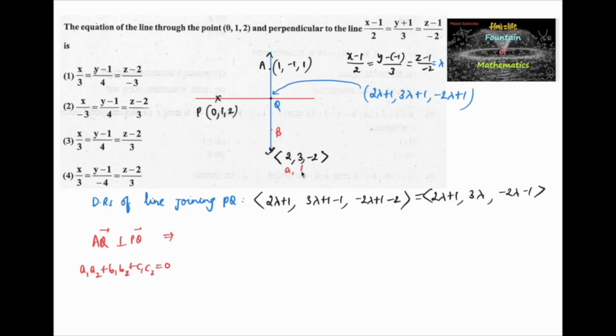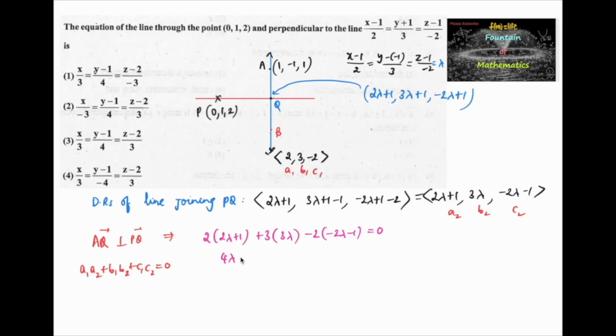Say this is A1, B1, C1 and this is A2, B2, C2. So then we have 2 times (2 lambda + 1) plus 3 times 3 lambda minus 2 times (−2 lambda − 1) is equal to 0.